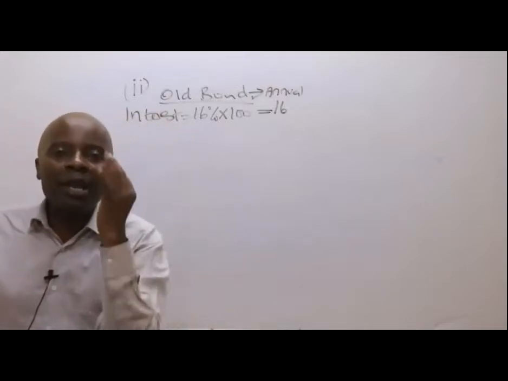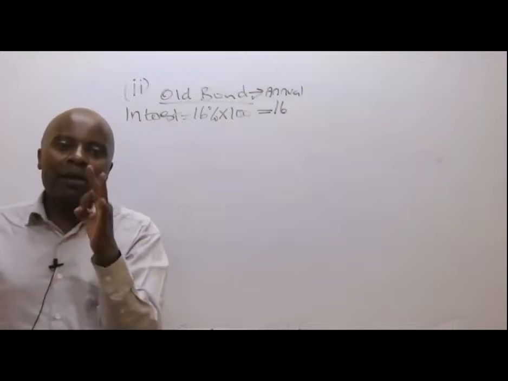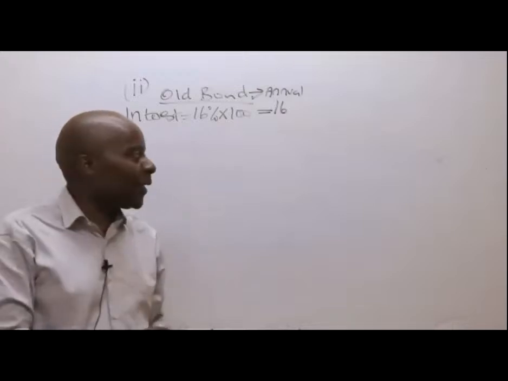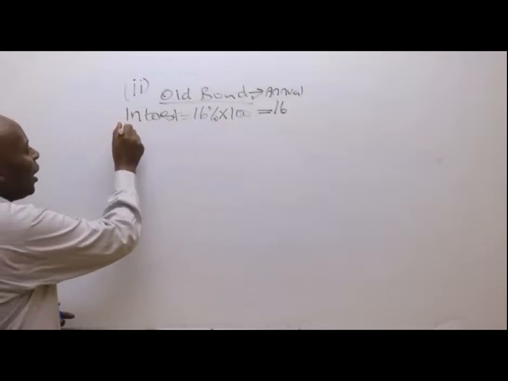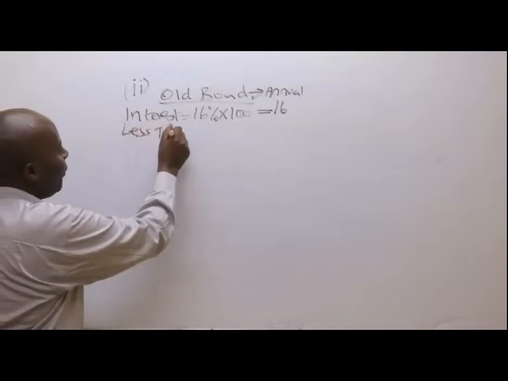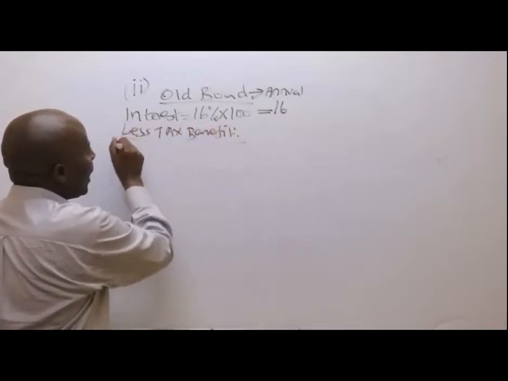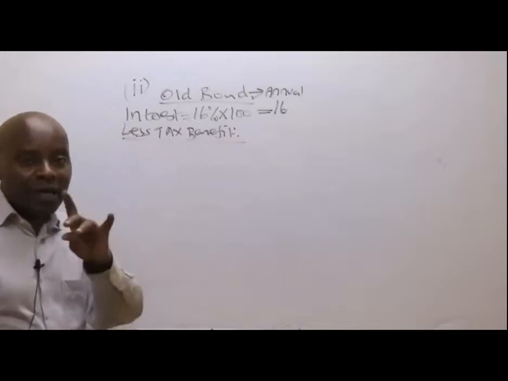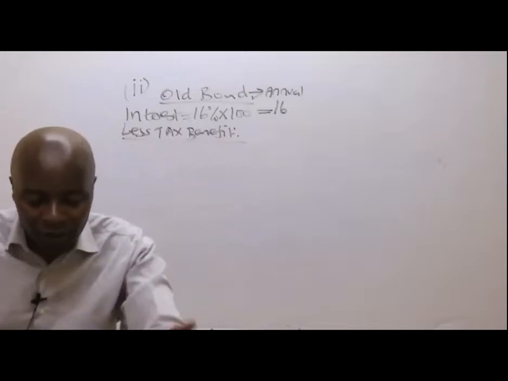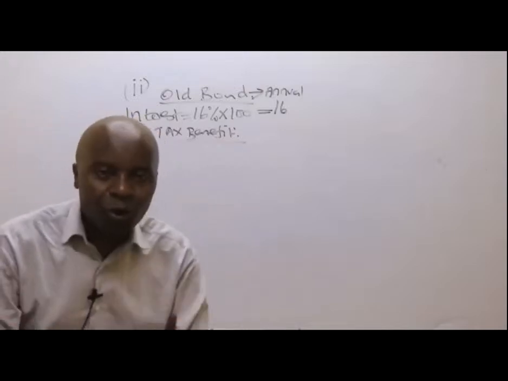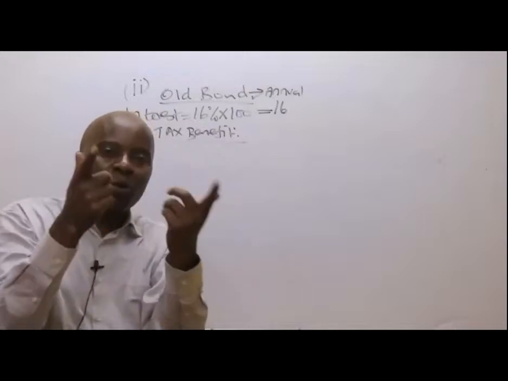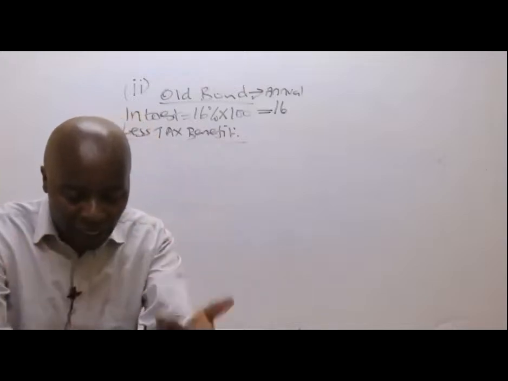Those tax benefits are normally 3 elements, 3 qualifying expenses. So you come and less the tax benefit. The first qualifying expenditure is the interest itself. The government will allow you to deduct the interest amount from your profits as you get the taxable profit.